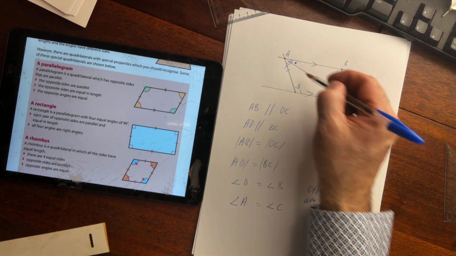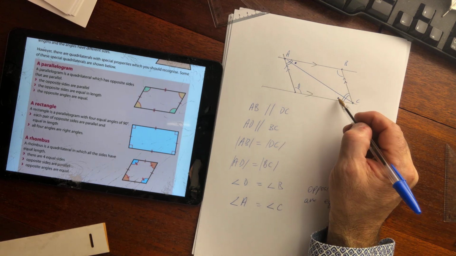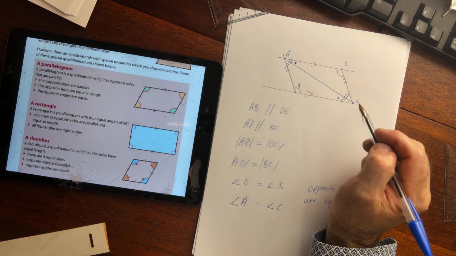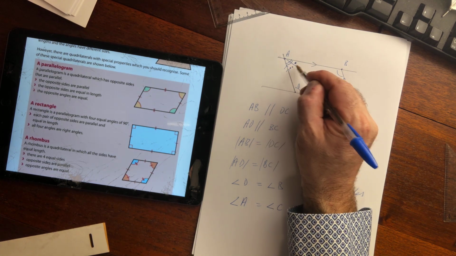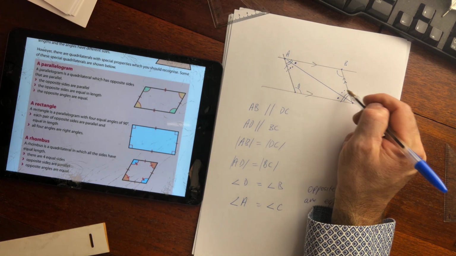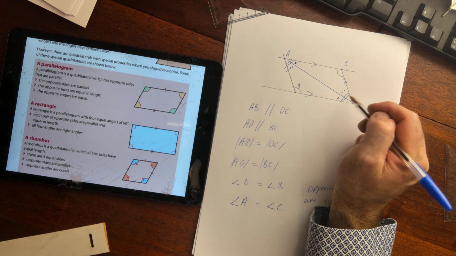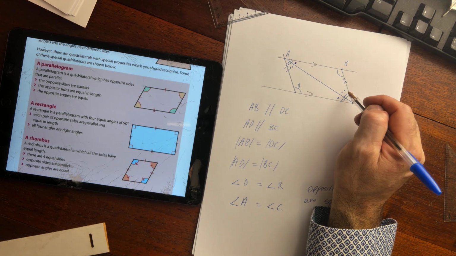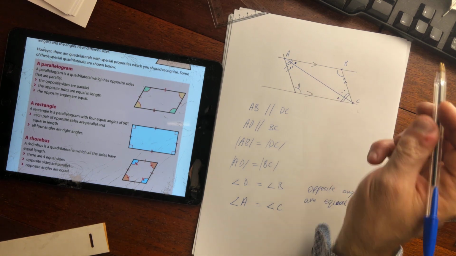The diagonal itself is a transversal, and then you have your parallel lines, so these are definitely equal. Furthermore, these angles here are equal, but they're not equal to each other. That only happens in a rhombus, which is when it's a parallelogram with all four sides equal.